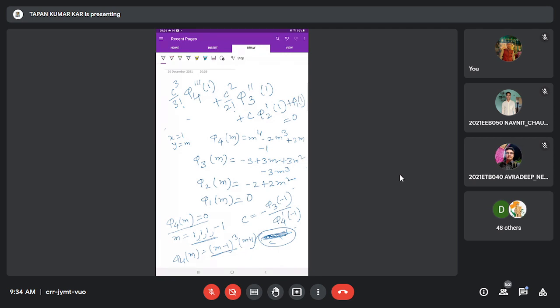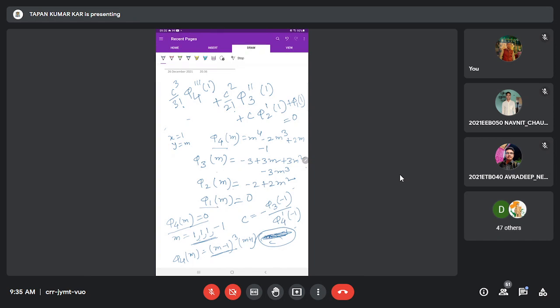Look at this. Here it is a cubic equation in c. From here you will get 3 values of c corresponding to m equal to 1, 1, 1. So differentiate phi 4 three times, phi 3 two times, phi 2 one time, and then phi 1, at the point 1.